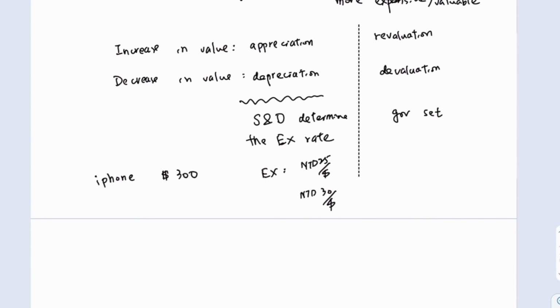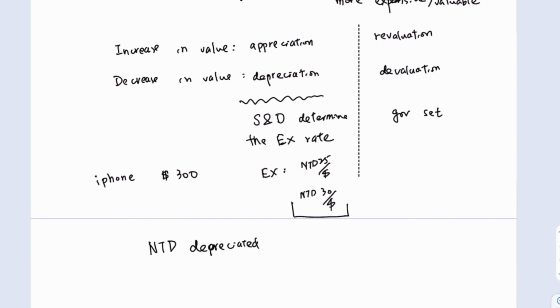It turned out that the 1 US dollar that used to get only 25 NT dollars can now get 30 NT dollars. What it means is that the NT dollar got depreciated.